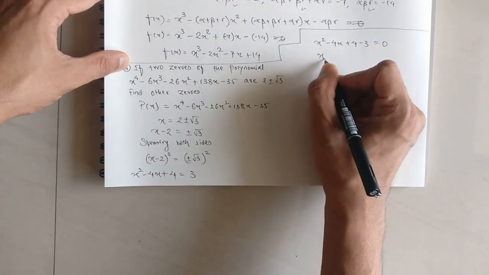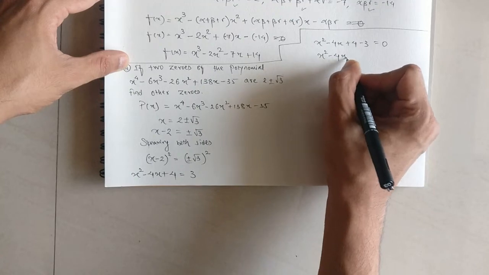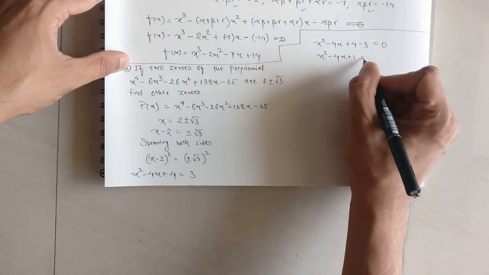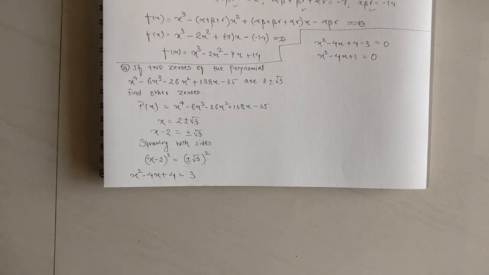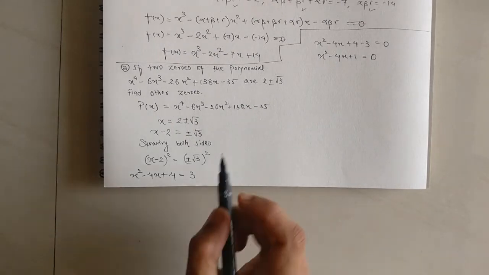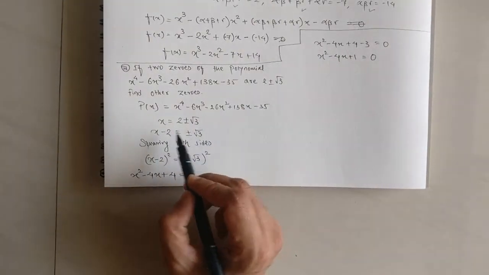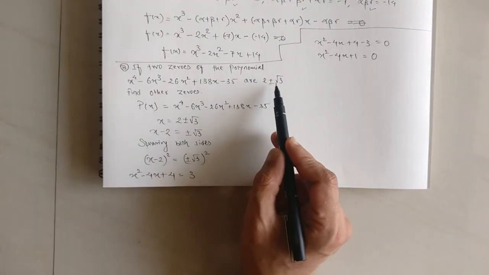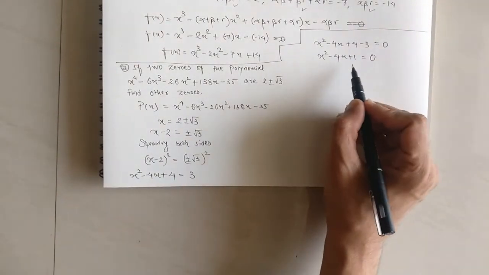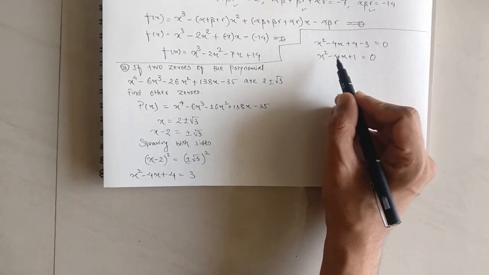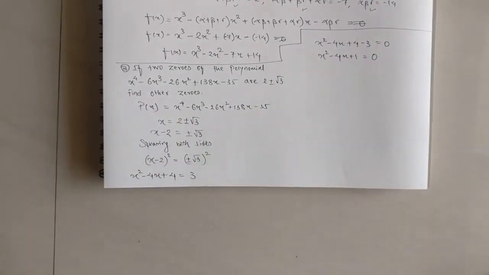So this becomes x square minus 4x plus 1 is equal to 0. So this is a quadratic equation which you have got by solving the two zeros which you had earlier, that is 2 plus minus root 3. So definitely this is going to be a factor of our biquadratic polynomial.